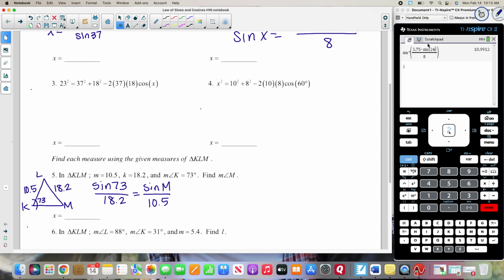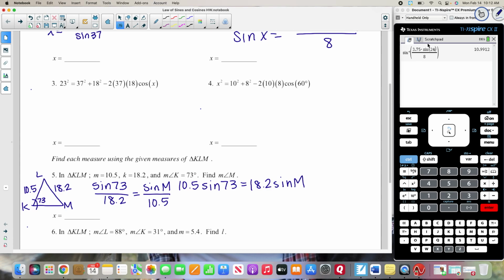You can't take the sine of a side length; you're taking the sine of an angle measure. Do you use inverse for these because we're looking for an angle? Yes. So cross multiply: 10.5 sine 73 equals 18.2 sine M.